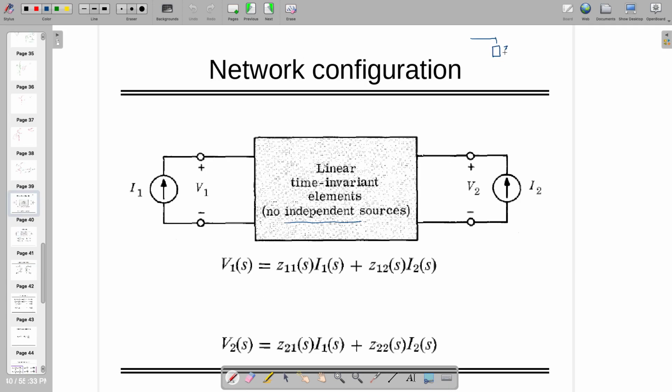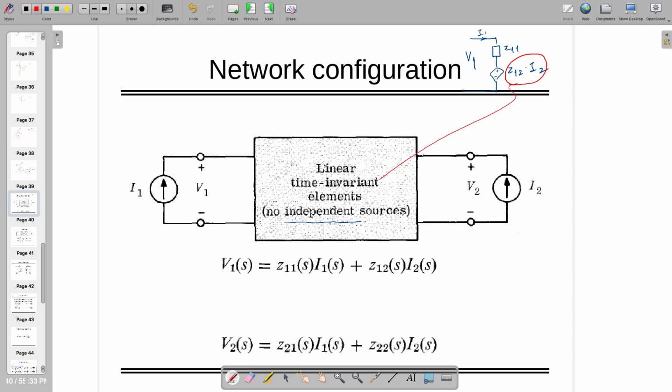The diagram where this is Z11 times I1, and at the V1 side this is Z12 times I2, right? This is for one side. So can you call this an independent source or a dependent source? Dependent.